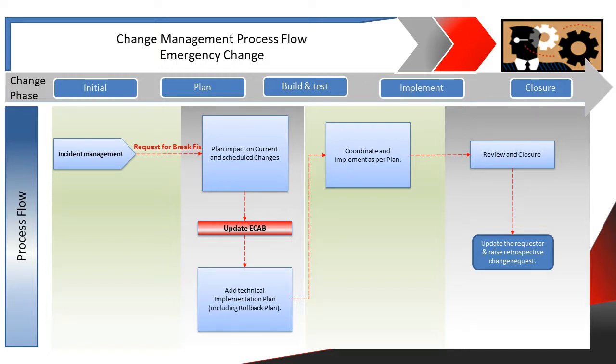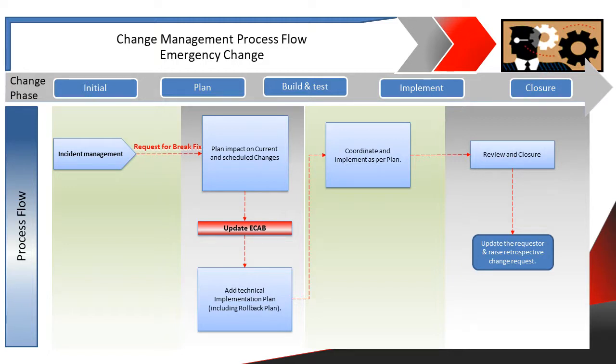Then it goes to coordinate and implement as per plan. Once it is implemented, it goes for review and closure. This is reviewed by all the teams, and it also has to be considered by the incident management team, which looked into the break fix for this change.